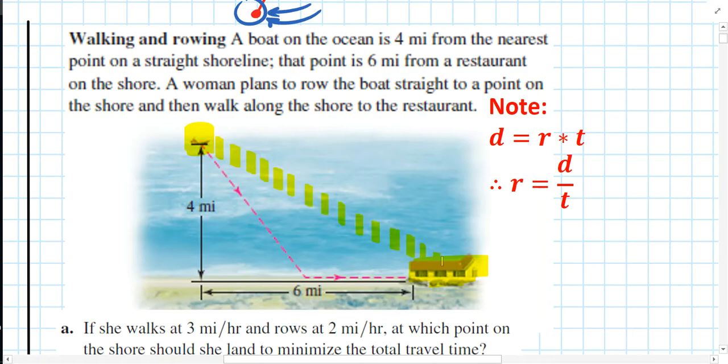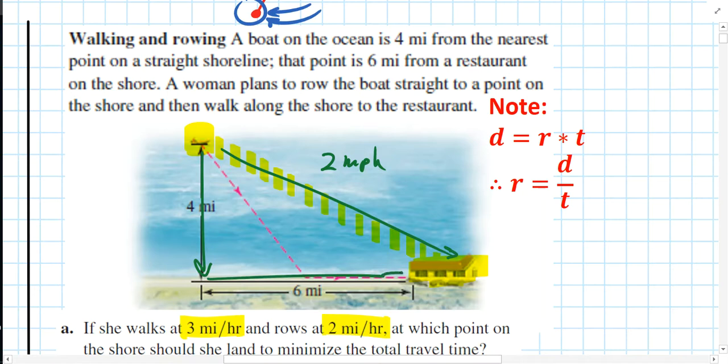Now that would be the shortest distance, but that may not be the fastest route to get there, because if we look down below, we're told that she can walk 3 miles per hour and she can row her boat at 2 miles per hour. And so the question becomes, at 2 miles per hour the entire way in the water, is that going to be faster than traveling along the shortest distance in the water, but then the longest distance on land?